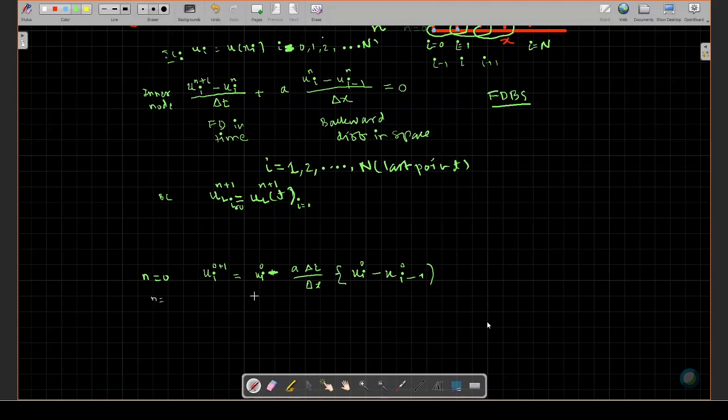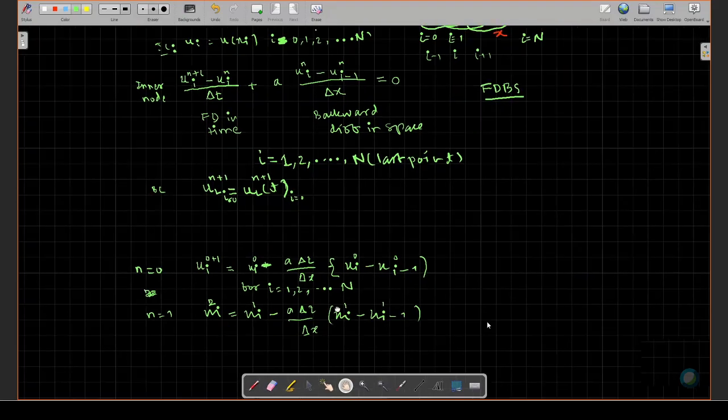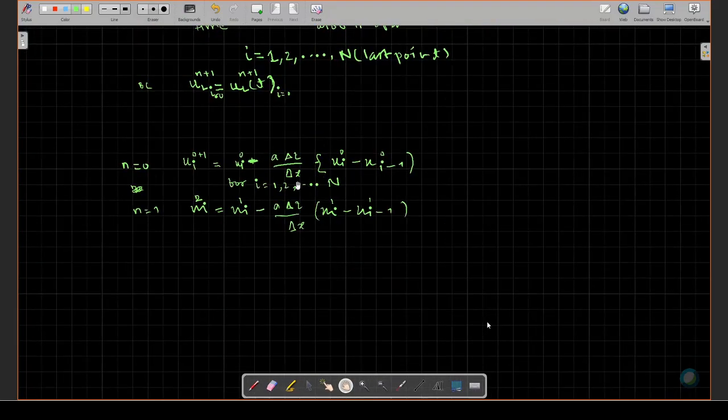And this is for all i running from 1 to the last point. For n equals 1, u_i will become u_i^2 equals u_i^1 minus a dt/dx times u_i^1 minus u_{i-1}^1, and these are for all inner points.